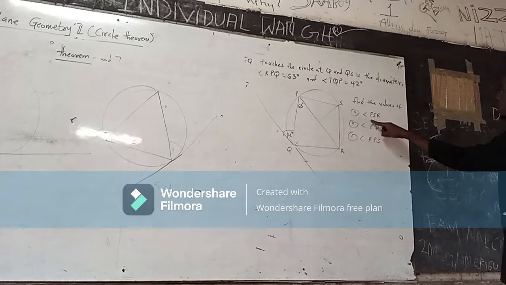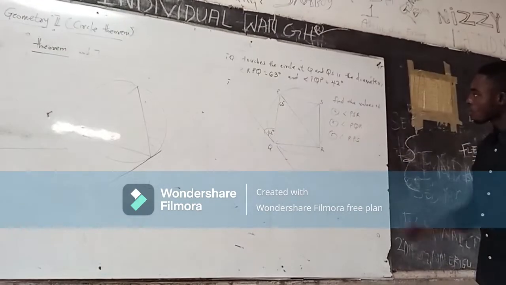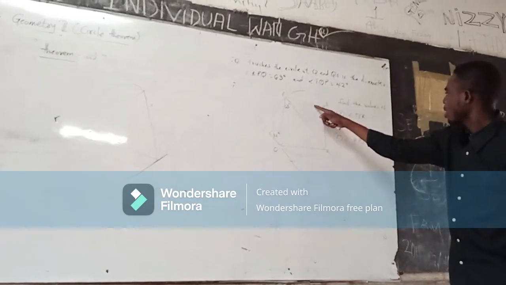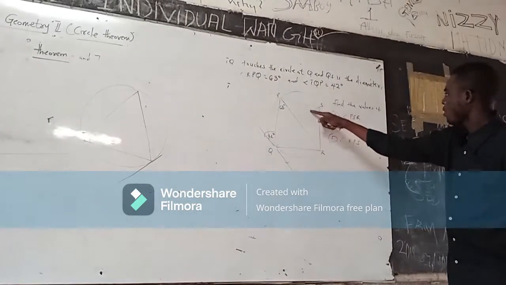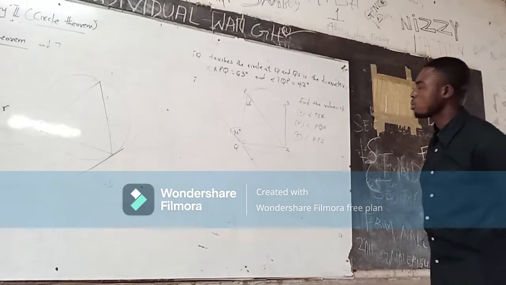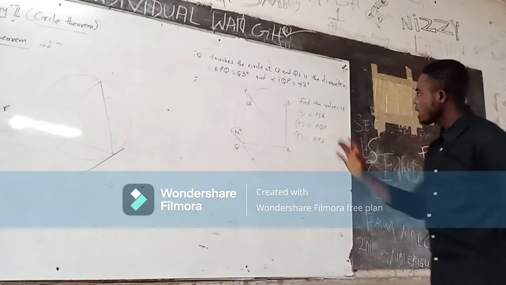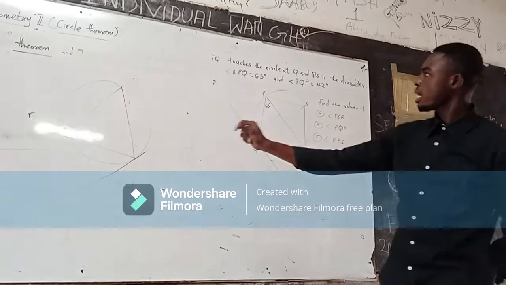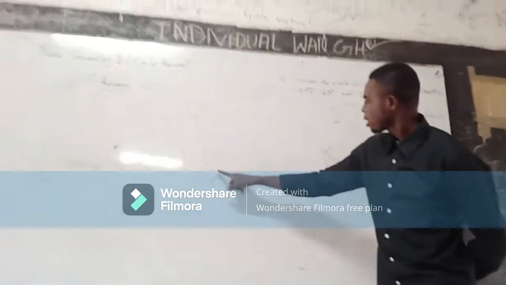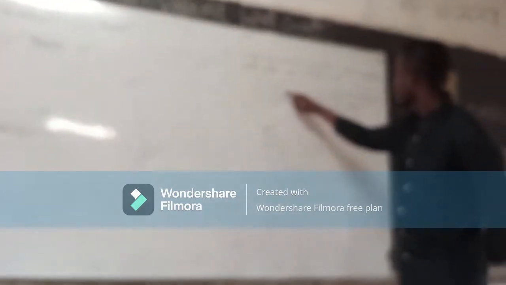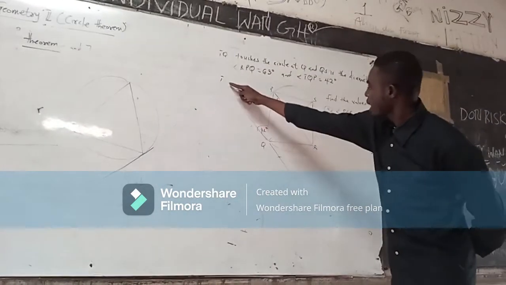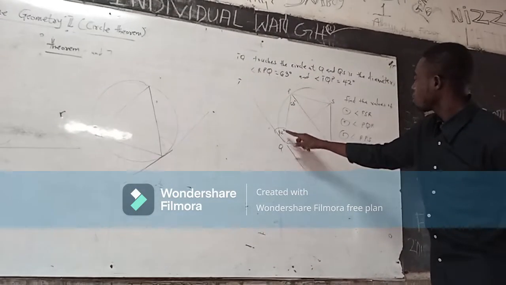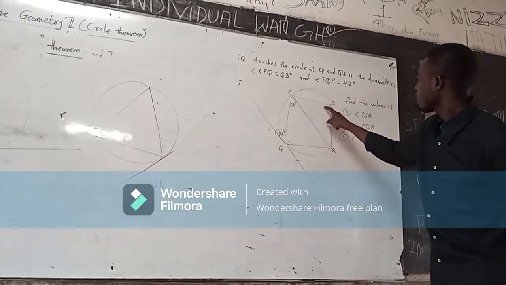Angle PSR. So we should find all the angles that are formed here. You already know, with the seventh theorem, that wherever a chord and a tangent meet, it has an equal angle alternate to this one.